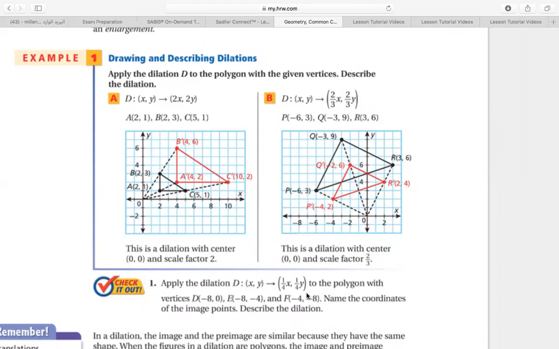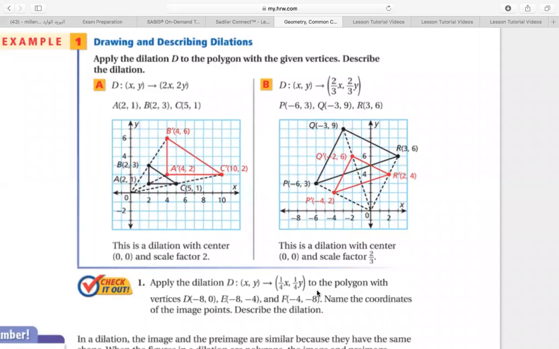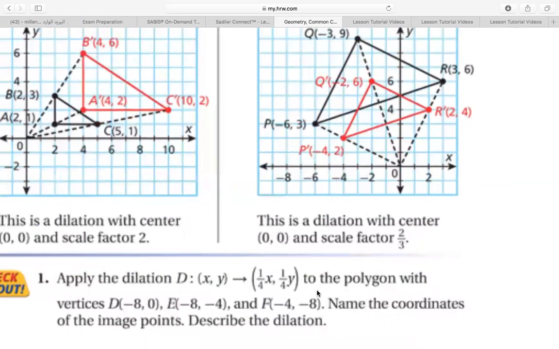Enlargement. Enlargement or reduction? Reduction. Why will it be reduction? Because it's less than 1.